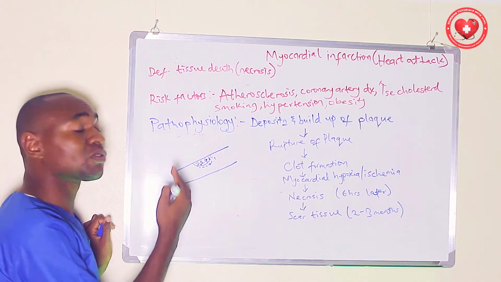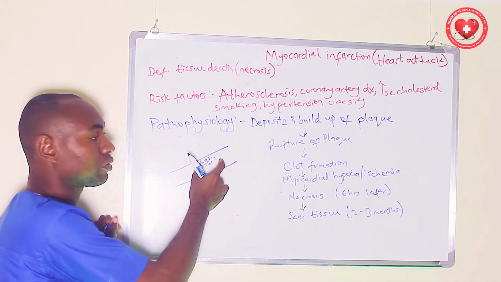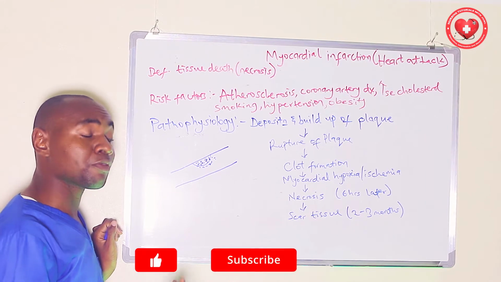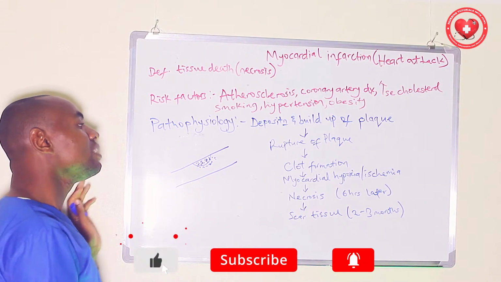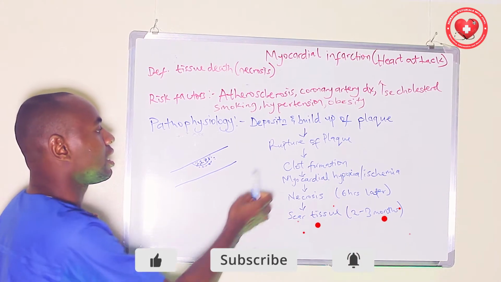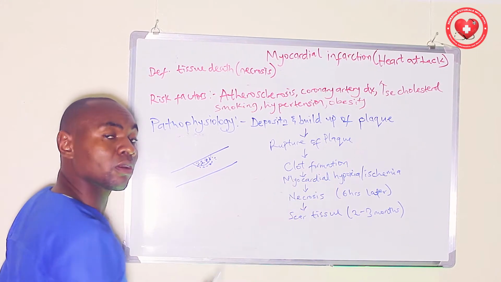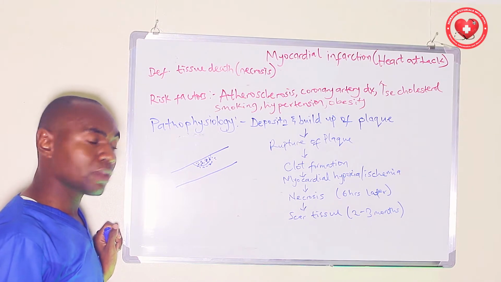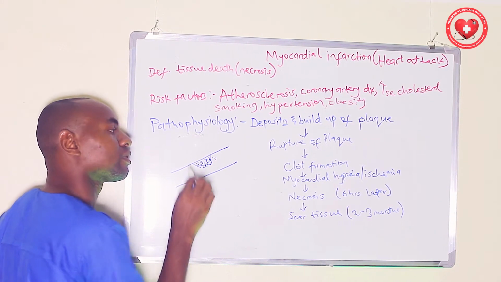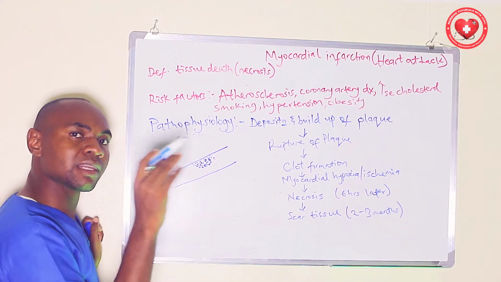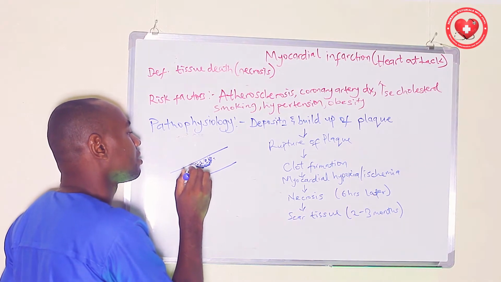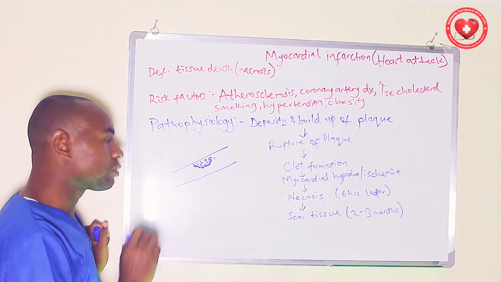The body sees this ruptured portion as a foreign occurrence, and immediately there is a reaction which we call inflammation, and at that point clot formation takes place. So in order to seal up this portion, the body releases platelets, and they come to this point and begin to cover the part that was ruptured.